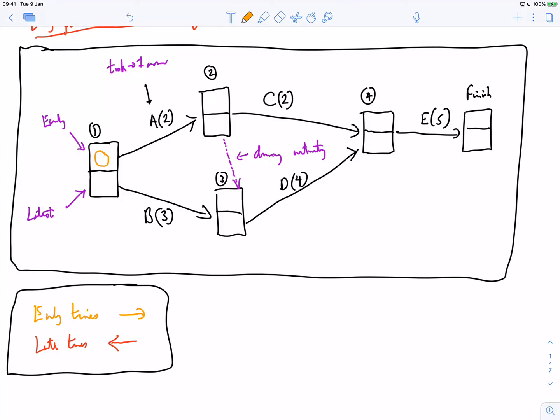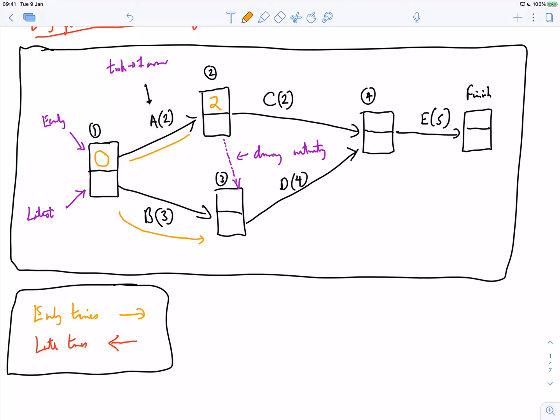Now, if I do task A, which takes 2, that means the earliest I can be here is at 2. So the earliest I can be at stage 2 is if I just complete task A. Now if I look at being at stage 3, you'd think that I could get there either two ways.